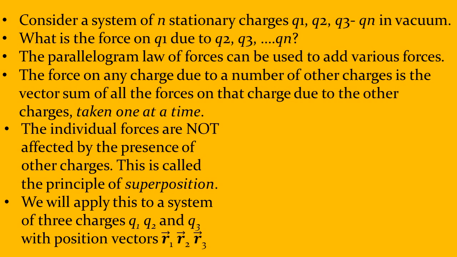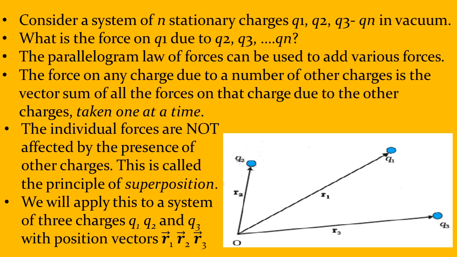We will apply this to a system of three charges q1, q2 and q3 with their position vectors r1, r2 and r3. It means if we choose some point O as the origin, the vector from O to charge q1 is vector r1, to charge q2 is vector r2, and the vector which defines the position of charge 3 is vector r3, as shown on the figure here.